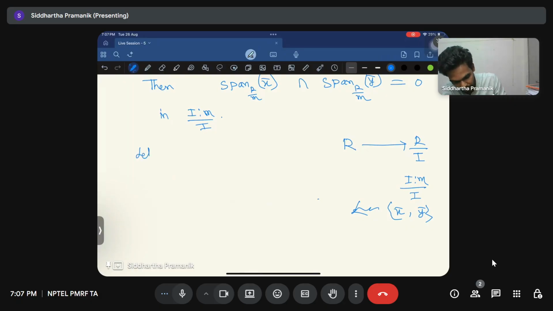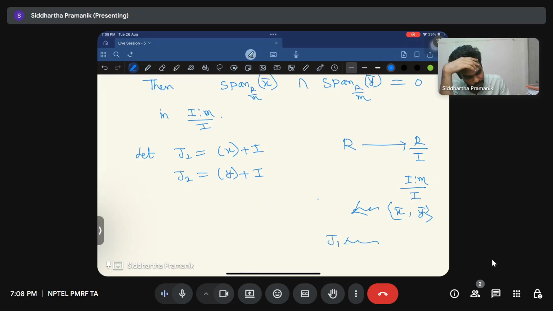So let J1 equal the ideal generated by x plus I, and J2 equal the ideal generated by y plus the ideal I. Then J1 is the inverse image of this subspace, and J2 is the inverse image of y bar.